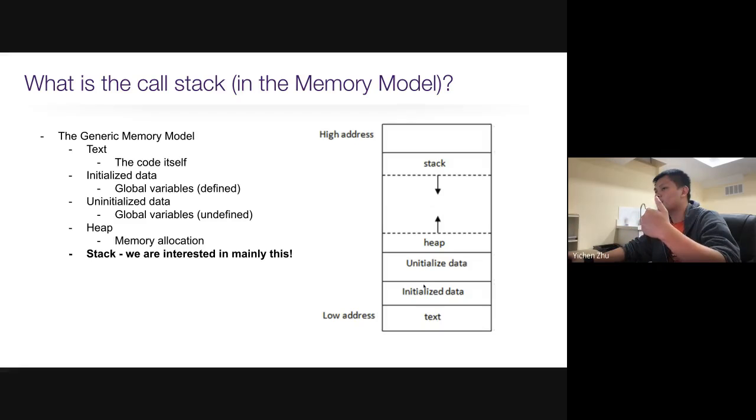There are actually a couple of regions in this image. The first one is the text, which is our code, and then there's initialized data and uninitialized data. These are basically variables and constants, usually all static, all put into memory. And then there's the heap, which you've probably heard of.